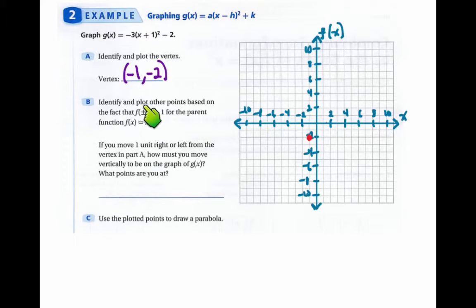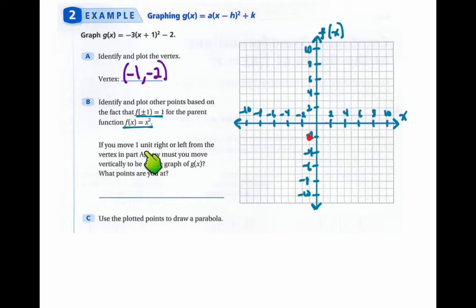Okay, so now it wants us to identify and plot points based on the fact that for our parent function, if we plugged in 1 or negative 1, we would get an output of 1. That's always true for our parent function, right? Because that's simply f of x equals x squared. So using that, what could we do for g of x?